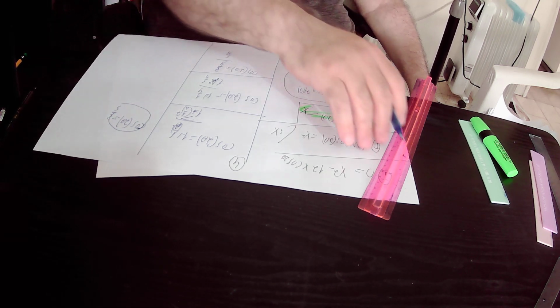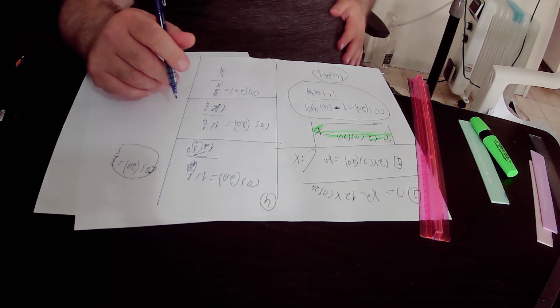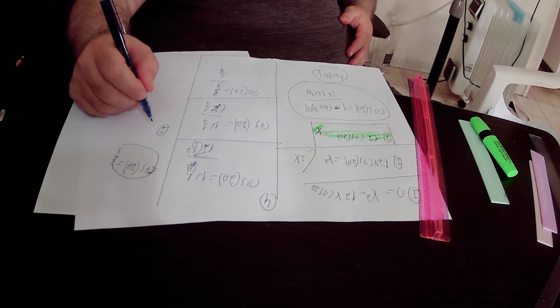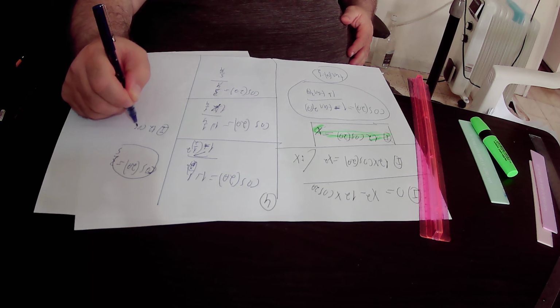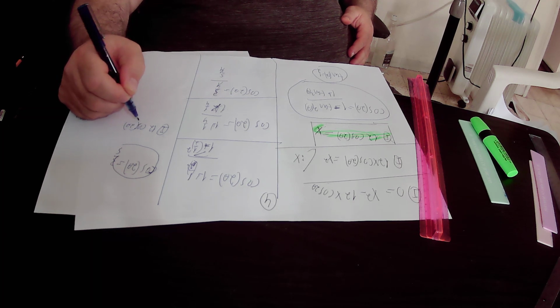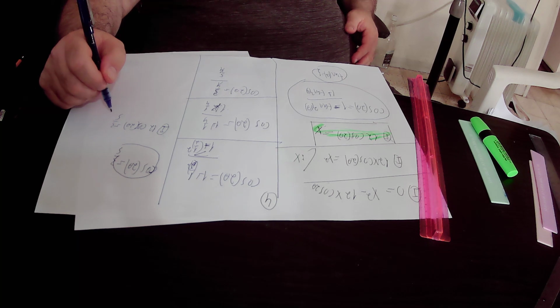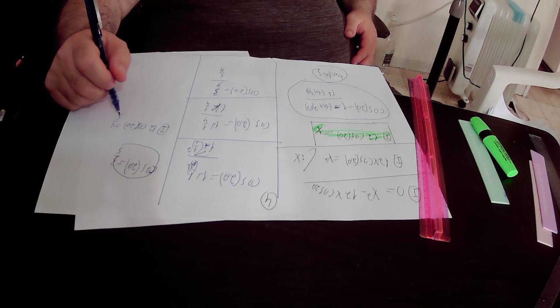Now we can substitute cosine 2 theta in equation number 1 by 3 over 5. We will do it now according to equation number 1. 12 times cosine 2 theta equals x, of course.